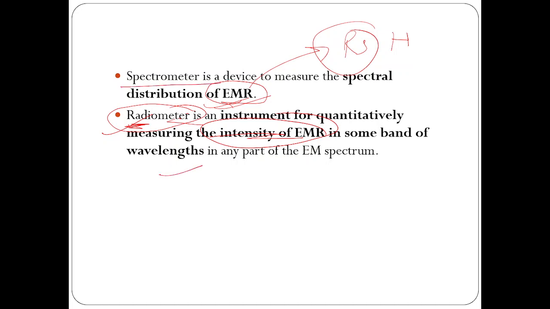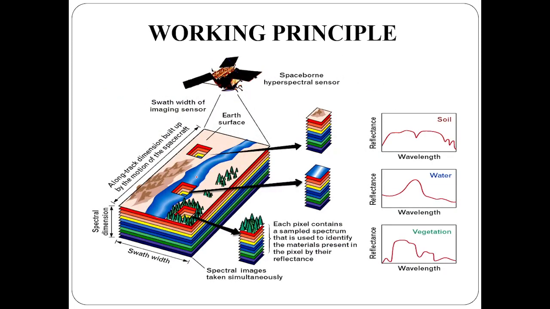When we talk about a spectrometer, it will collect the spectral distribution of EMR. These terms are very important. So when we see the working principle here, for the same region, the same number of spectral bands are giving various outputs in different bands.